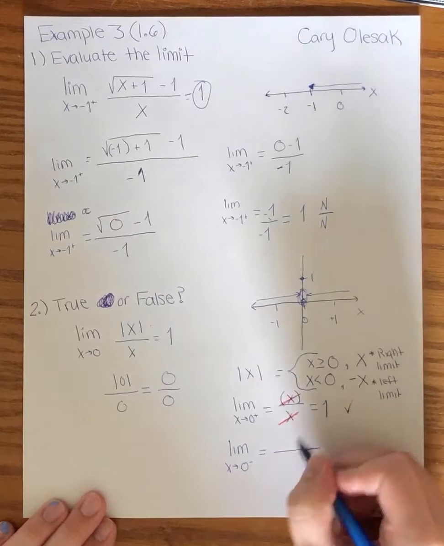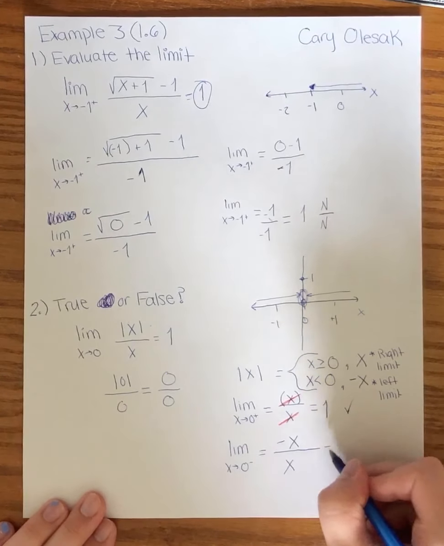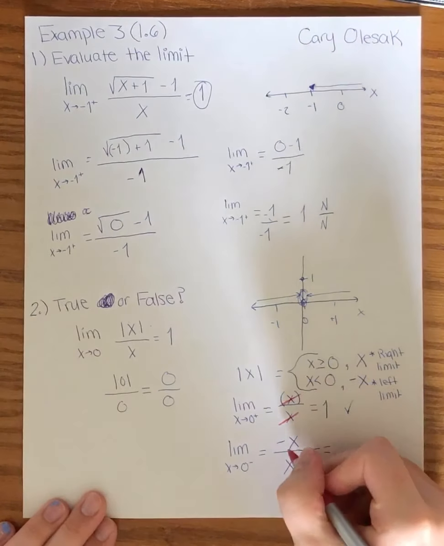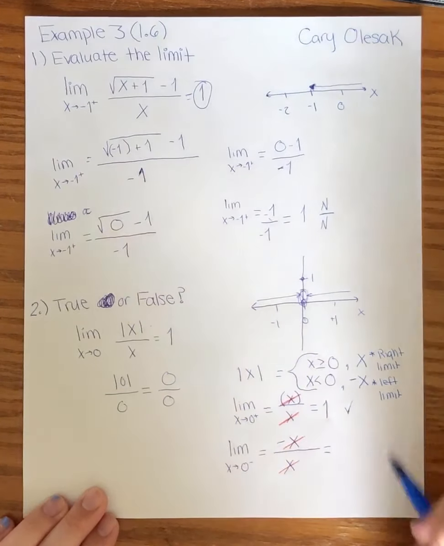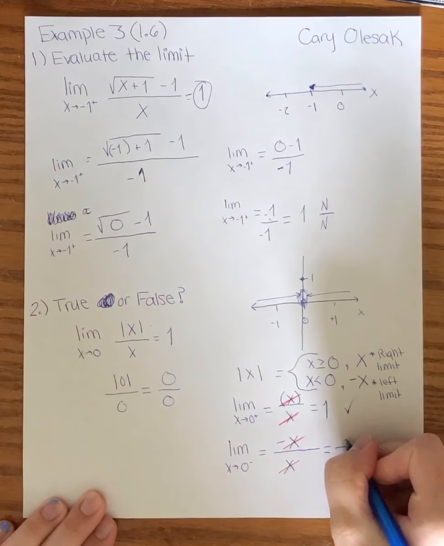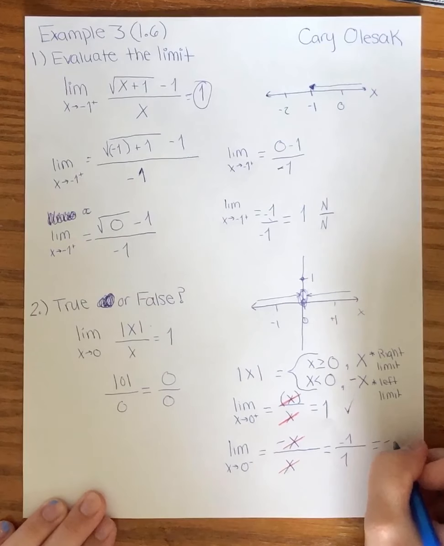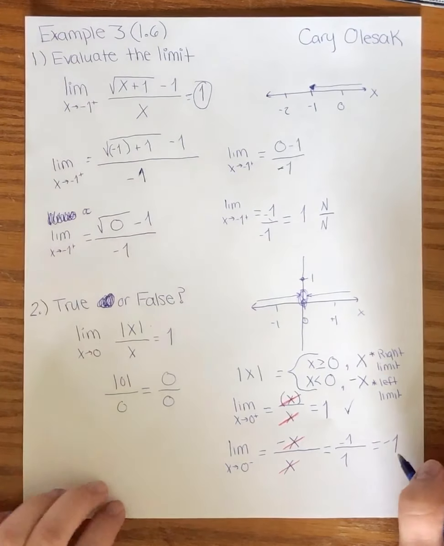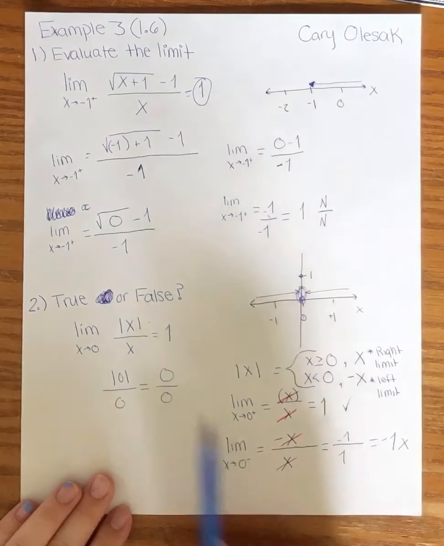We will use negative x over x. And what will that equal? Well, these values will cancel, but we have a negative sign. So that means it's going to be negative 1 over 1, which means it's going to be negative 1 overall, which is not good because it's not equal to 1.